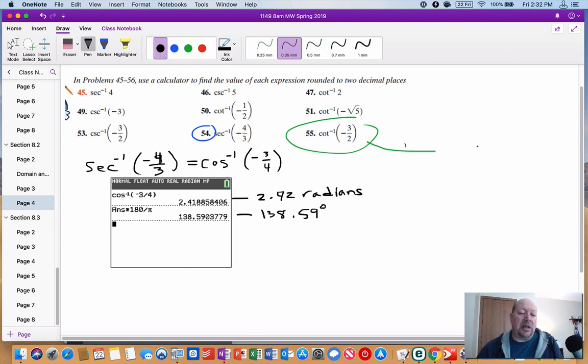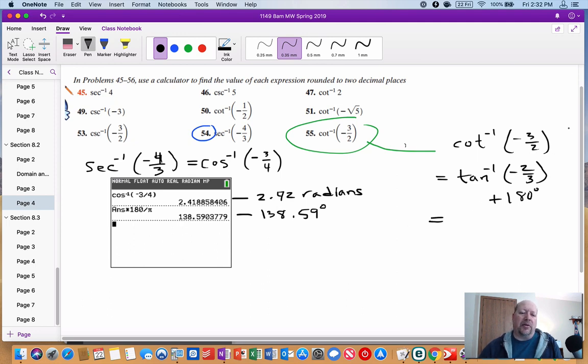And that means we'll have to do the same in the calculator. So if we do inverse cotangent of -3/2, that equals the inverse tangent of -2/3 plus 180 degrees. Remember, don't forget to add that because of our negative cotangent value.